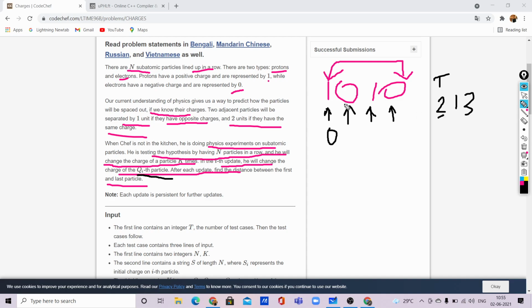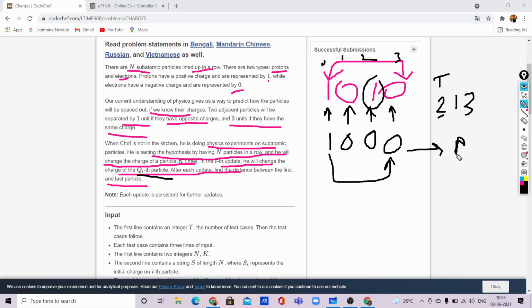Now if he gives 2, with indices 0, 1, 2 and 3, we have to change that position from 1 to 0, and all the remaining others will be as they are. Now we have to find the distance from here to here and update the answer as the output.